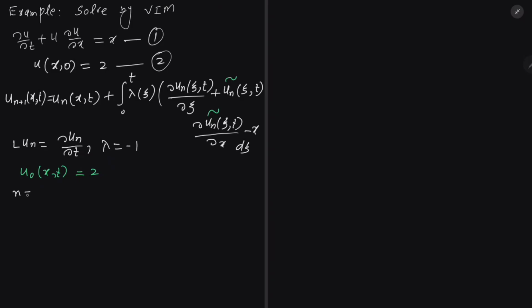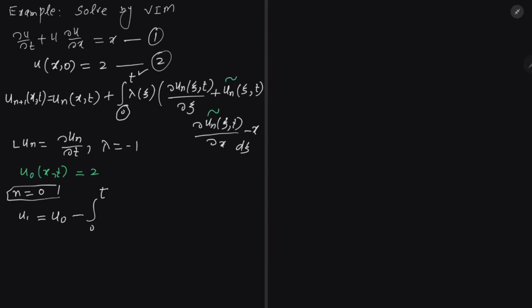We put n equal to 0, then we have u1 equals u0 minus the integral from 0 to t. Now you can also see that here you have replaced t with some xi, so your limit is also from 0 to t.